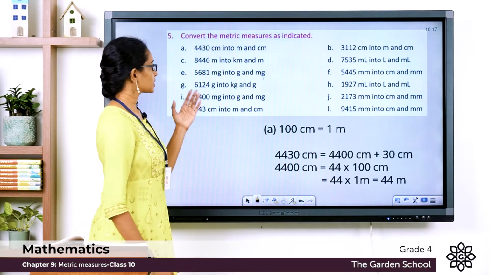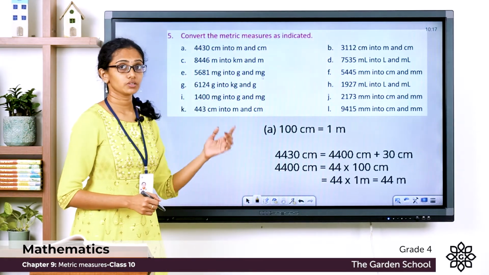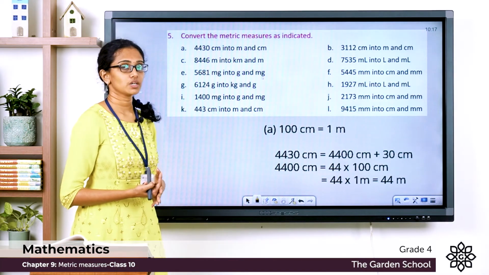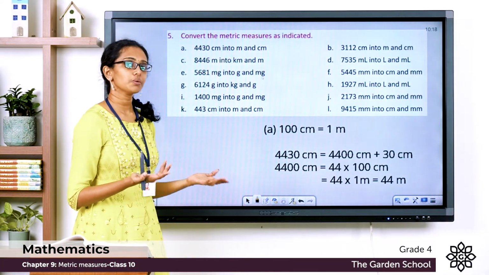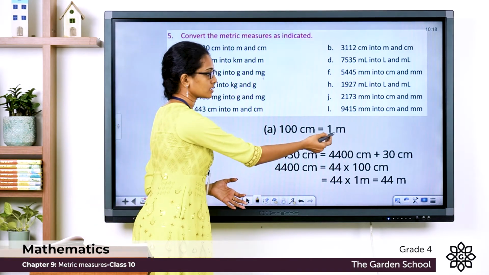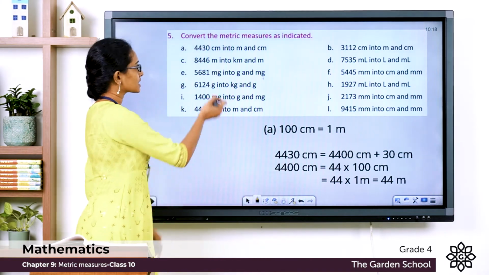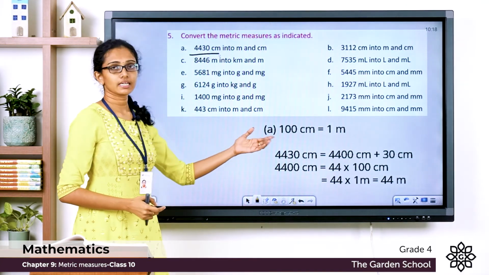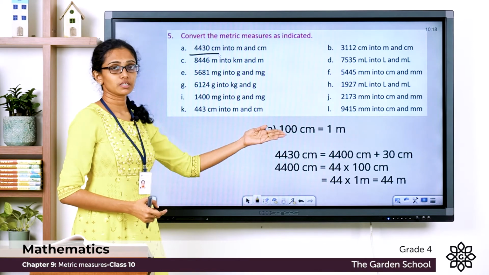So 4430 centimeters, you are supposed to convert that in terms of meters and centimeters. So what is 1 meter? 1 meter is equal to 100 centimeter. So since 100 centimeter is equal to 1 meter, let's split the given measurement in such a way that we can easily convert the centimeters to meters.